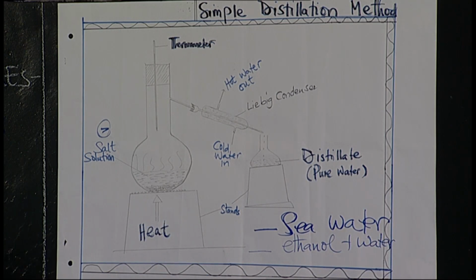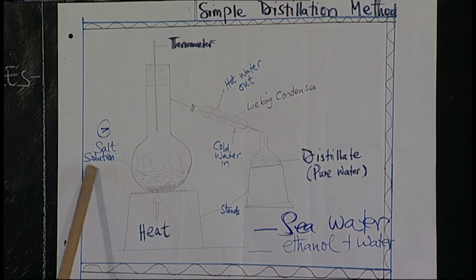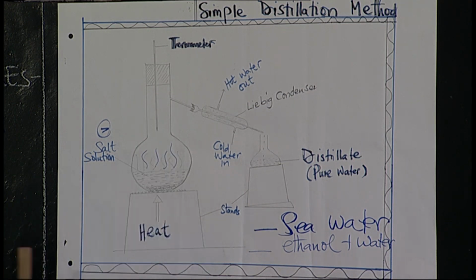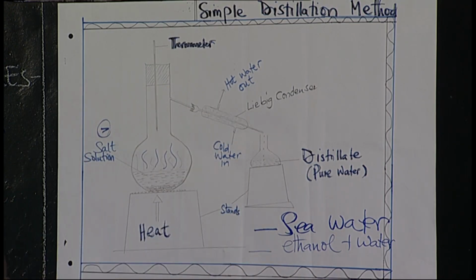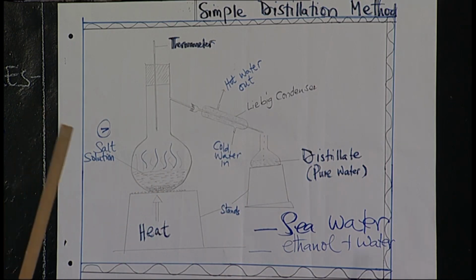So we are looking at the boiling point of these substances. When you heat the salt solution, the vapor of water comes out. As it comes out, it enters the Liebig condenser, where it is condensed.